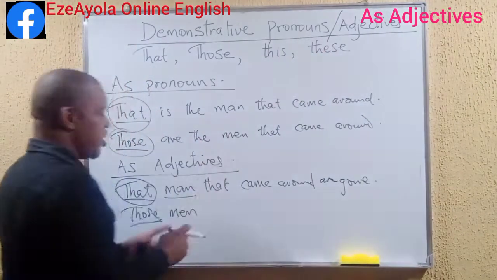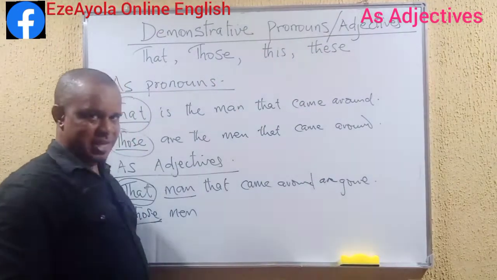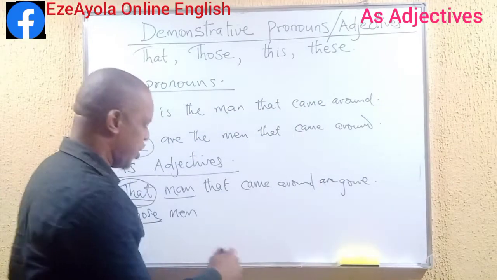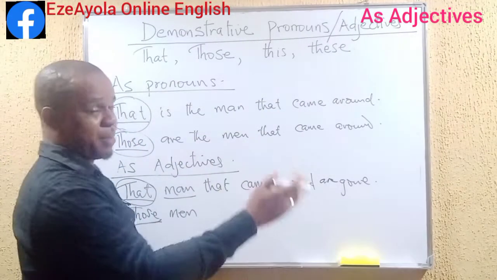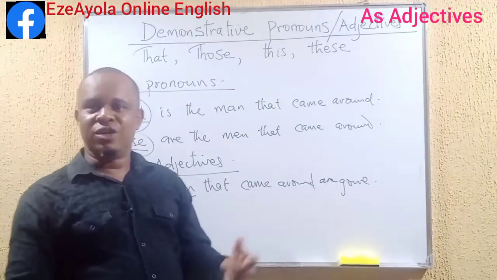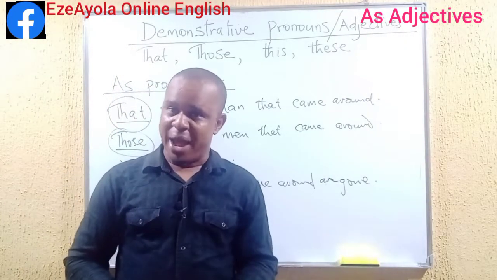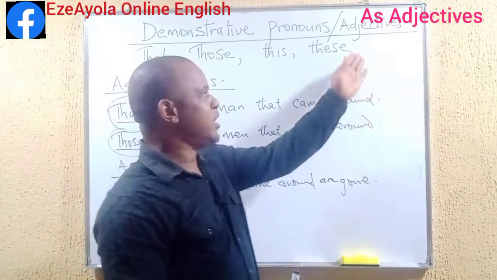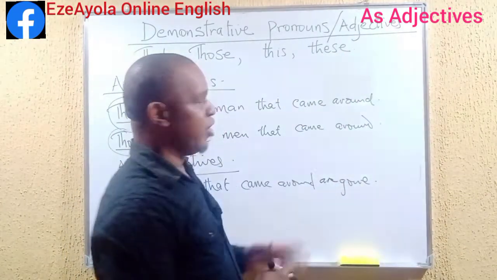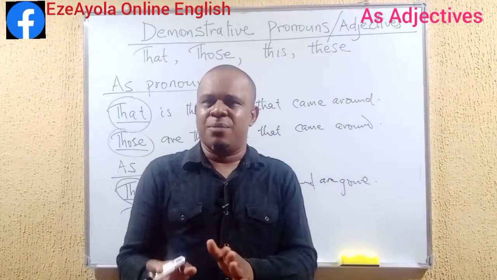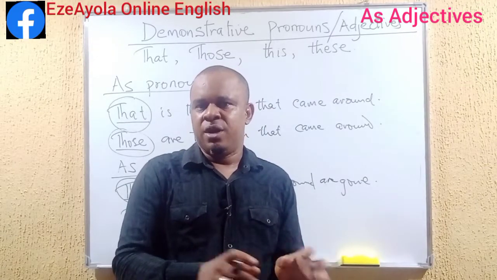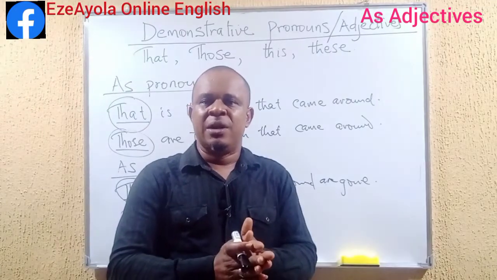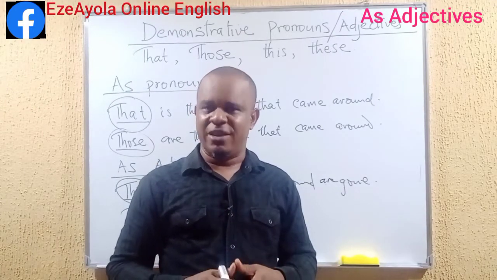We could also say these, because I said this is singular and these is plural. These men that came around are all gone. Now, when we say these men, all right, the these becomes a modifier. Remember, adjectives are words that describe nouns or pronouns in sentences.